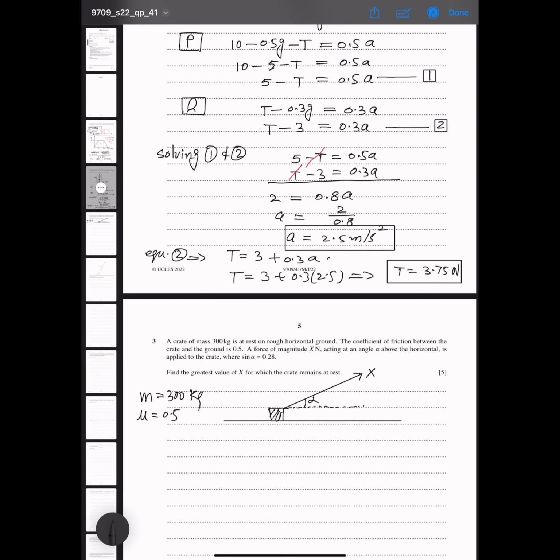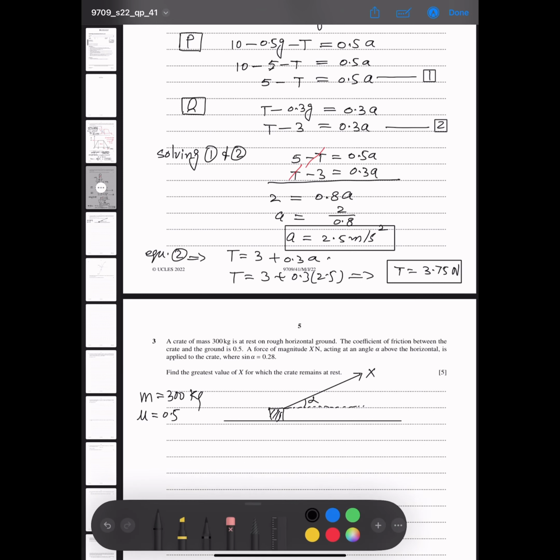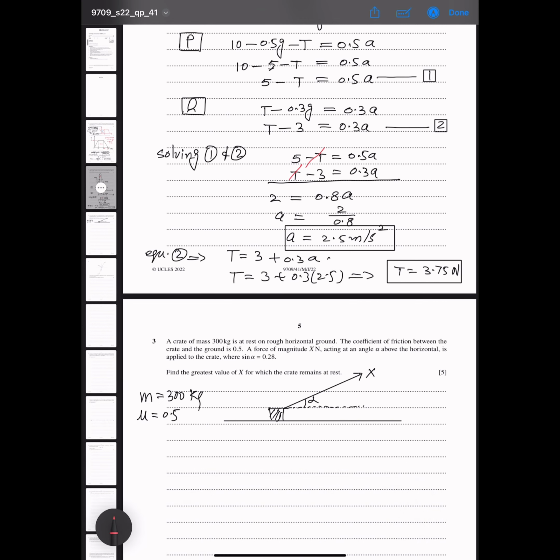Now all the forces acting on this system are: weight vertically downward, 300 g. The reaction of the plane on the crate is R. The resistive force, the force of friction, which opposes the motion of the crate, F is equal to mu R. Here you can write mu R or F small.